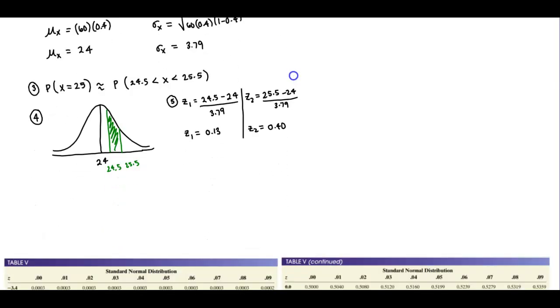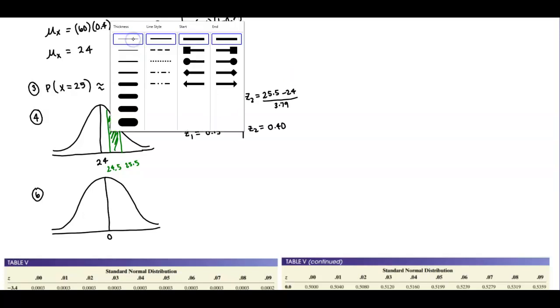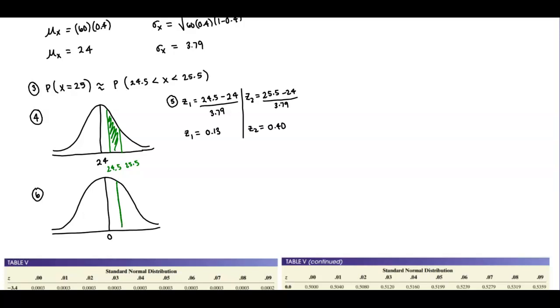Okay, if we now take a look at the graph here, we have converted it to a normal distribution where we have 0 as the mean. Our first z-score is 0.13, and our second z-score is 0.40, and we want to find the area in between.